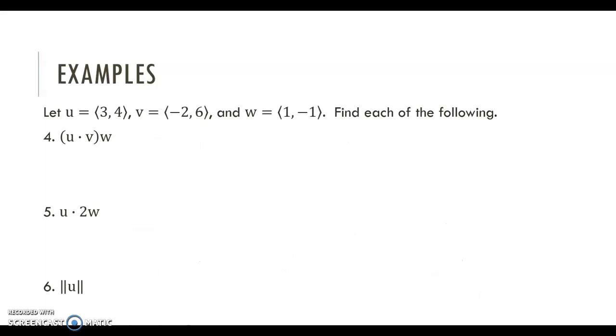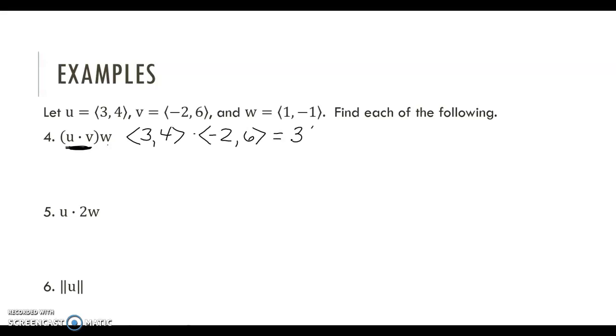Let's do a few more, this time adding in some other operations that we did in the last section. When I look at number 4 here, I'm going to start with what's in my parentheses. So I'm going to start with this dot product. I will get a scalar answer that I'm then going to multiply by this vector w. So let's do u dot v first. That's going to be <3, 4> dot <negative 2, 6>.